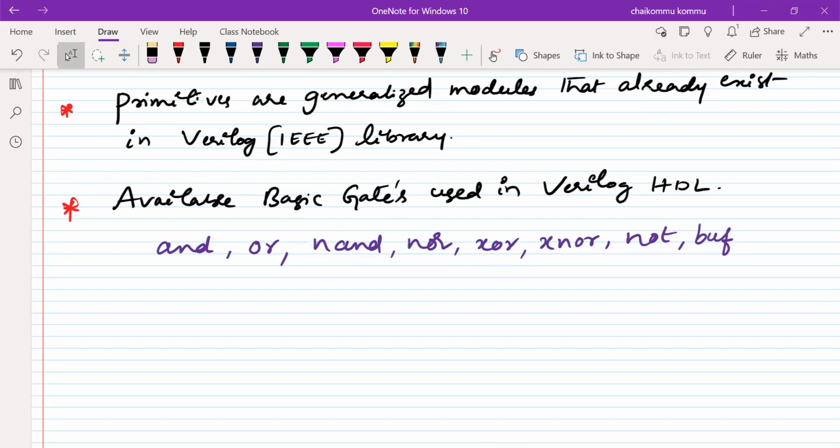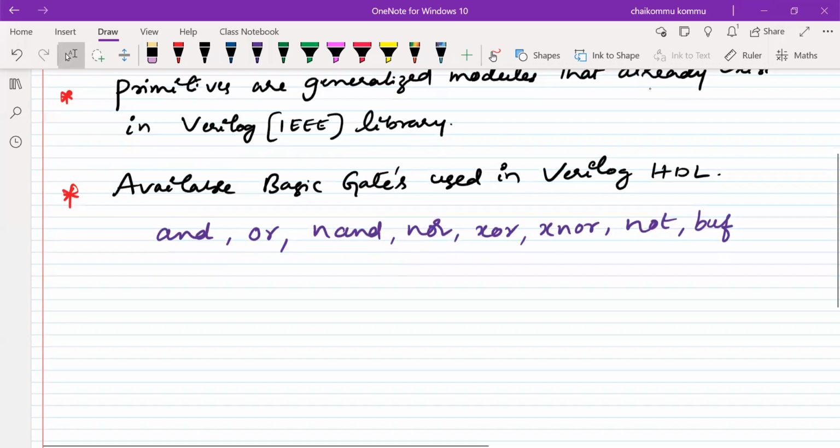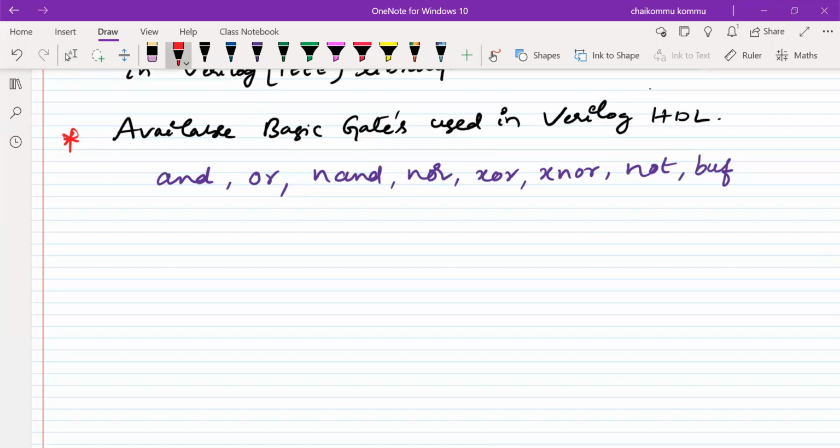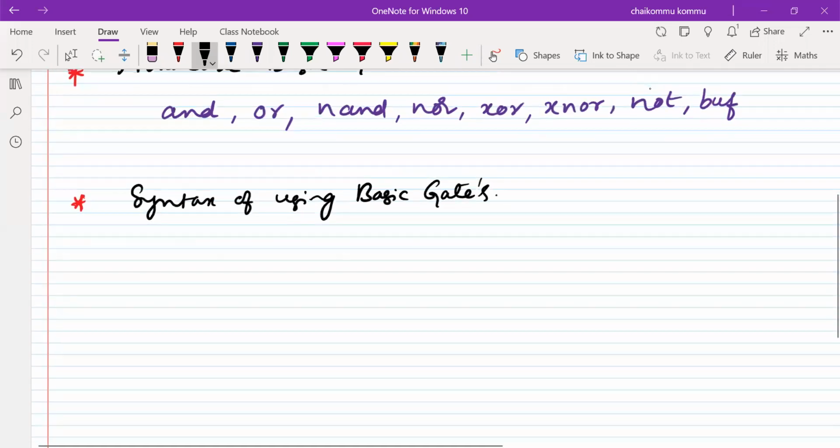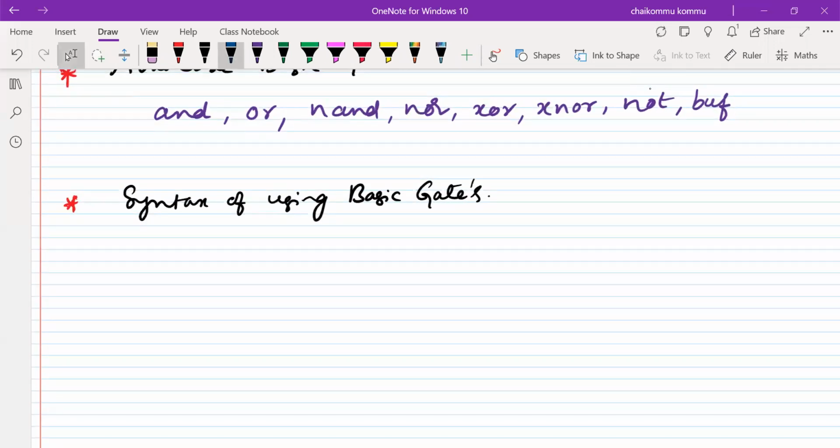Now, how do we use these gates in your program? We should know the syntax of using basic gates. For example, I'm going to consider an AND gate. I write and, then G1, which is actually optional.